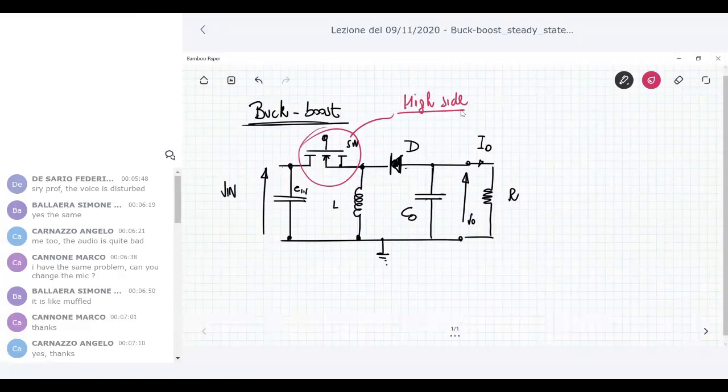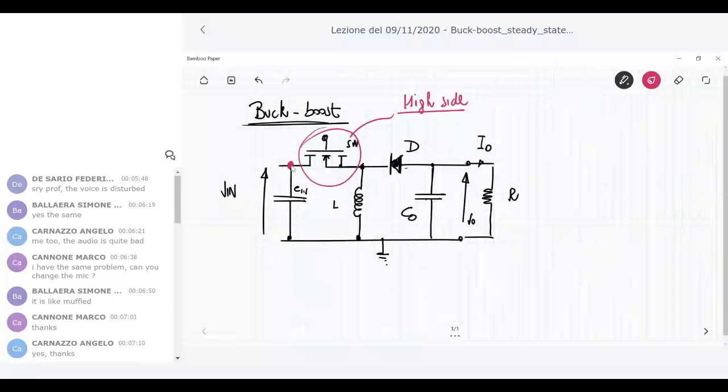Another consequence of having a switch in series with the input is that if you have some overvoltages at the input side, meaning the input voltage exceeds the nominal value for a short time interval, for example due to interference from apparatuses and equipment in the same environment, then these overvoltages are shared with the drain terminal of this switch.